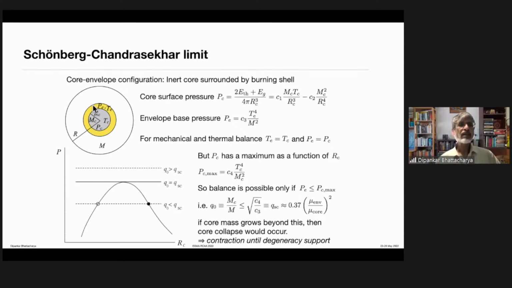But the product of this hydrogen burning is helium. And this helium product will then keep getting added to the core because that helium is not burning anymore. So the mass of the helium core will keep increasing because of the ashes of the hydrogen burning shell being added to it.